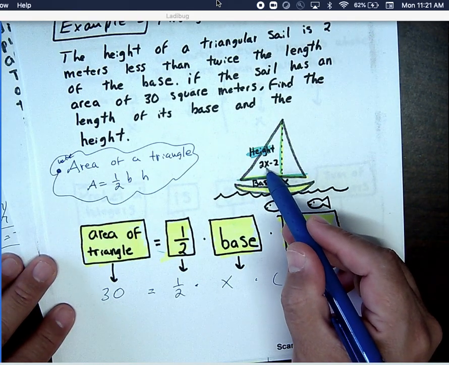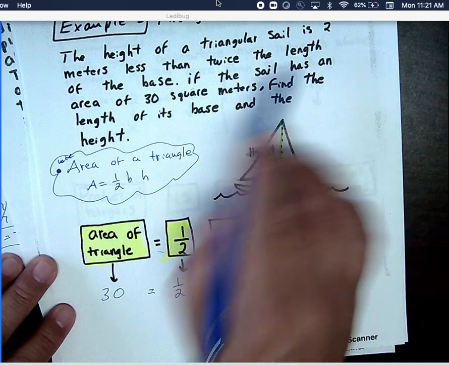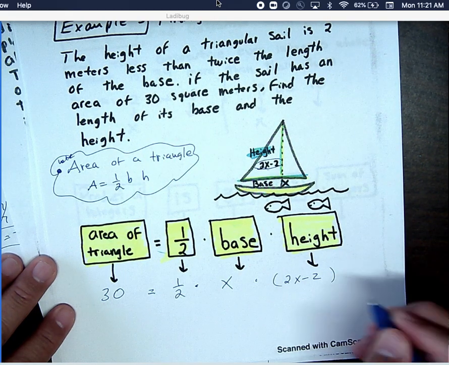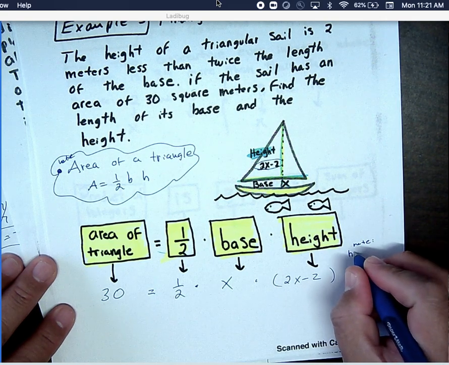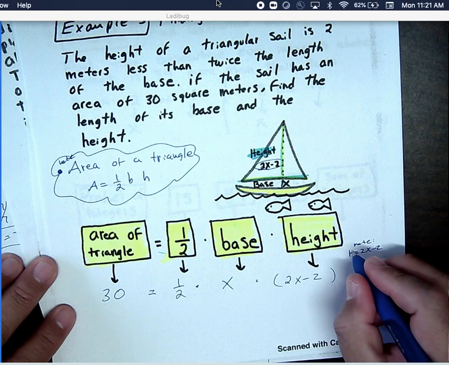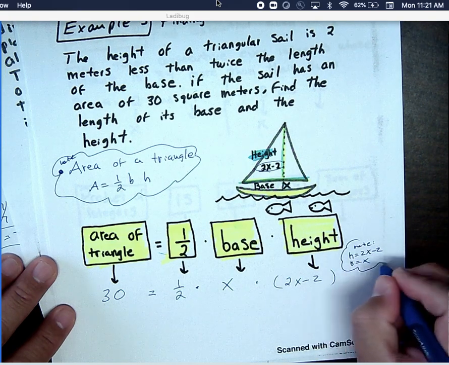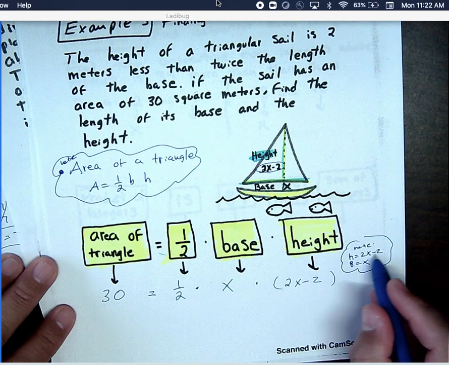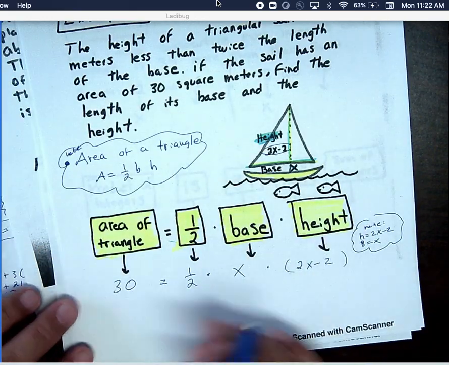Remember the height was the 2 meters less than twice the length, so the height is 2x minus 2. Maybe here as a note, I'm going to write that the height is 2x minus 2, and the base is just x. So this is the formula now.